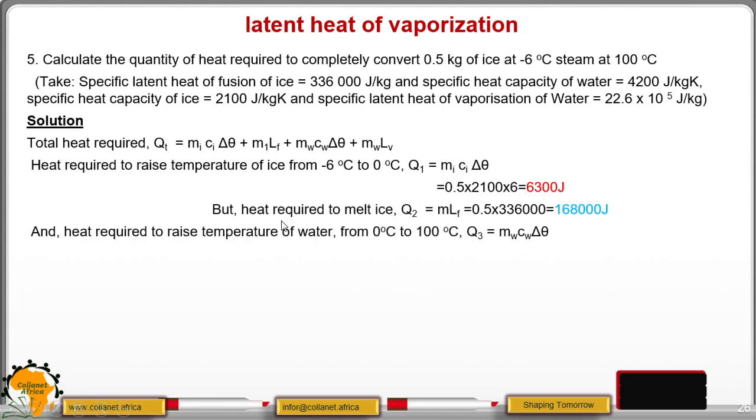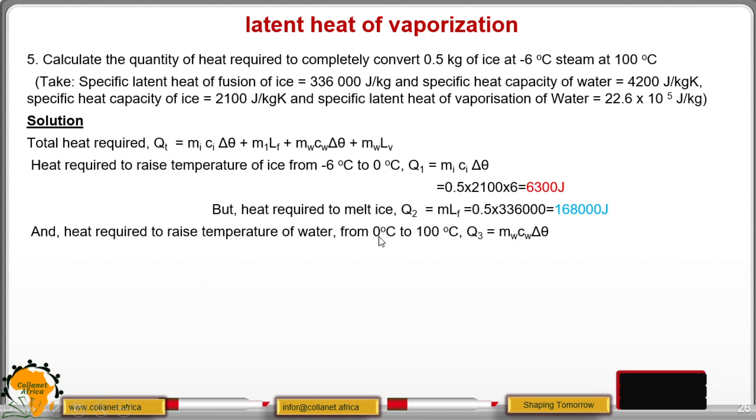Then the heat required to melt the ice will be mLf, where m is the mass of the ice and Lf is the specific latent heat of fusion. When you multiply, because the values are given there, you get 168,000 joules.